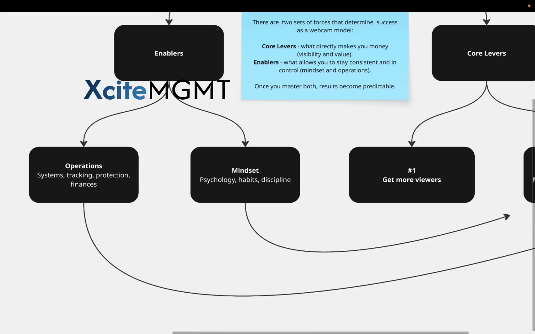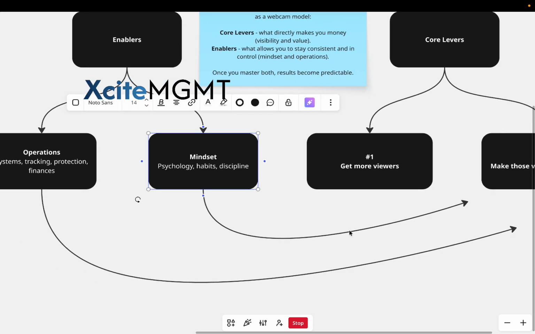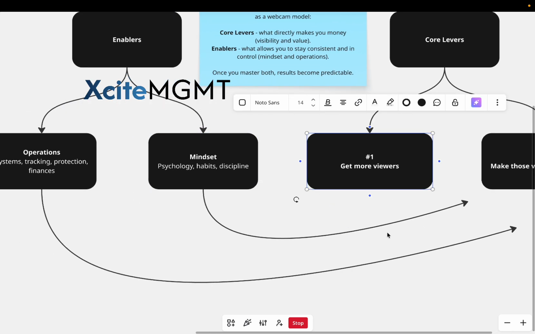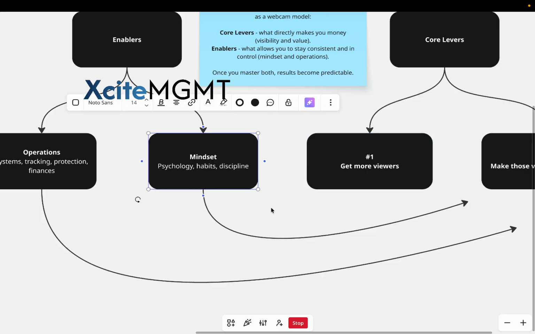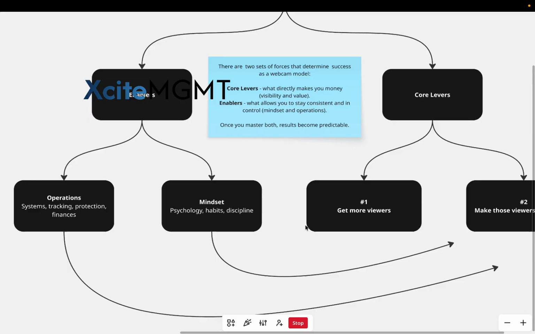If you don't have all of that in place, then it's going to really limit your success as a webcam model, and once again your ability to pull both of these levers. So this needs to be worked on just as much as the external stuff. The internal game, the mindset, does need to be worked on just as much as the tangible external stuff like strategies and tactics for streaming and the operations as well.